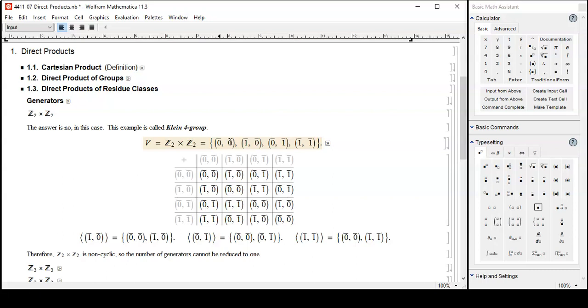And (0, 0) is, of course, identity, so that's trivial. If you take any non-trivial elements, we get this cyclic subgroup, the second cyclic subgroup, and the third cyclic subgroup. None of them covers entire V. So there's no cyclic subgroup that covers entire V, so V is not cyclic. So you cannot reduce it into a single generator.